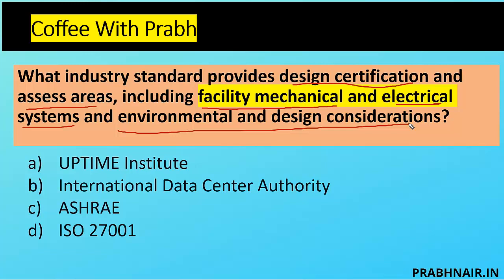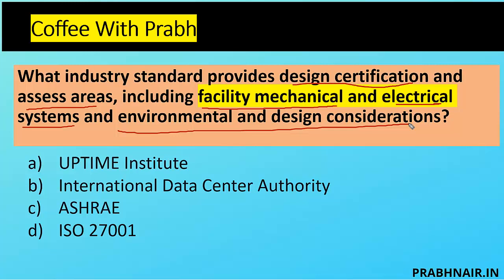Option A, Uptime Institute, definitely it certifies based on tier 1, tier 2, tier 4. They basically assess the area, including the facility, mechanical, electrical systems, redundant systems, to make sure what kind of tier we have. And when we go through the assessment, they certify yes, we are on tier 1, tier 2, tier 3, tier 4. Tier 4 is a maximum availability data center. So A can be the option.